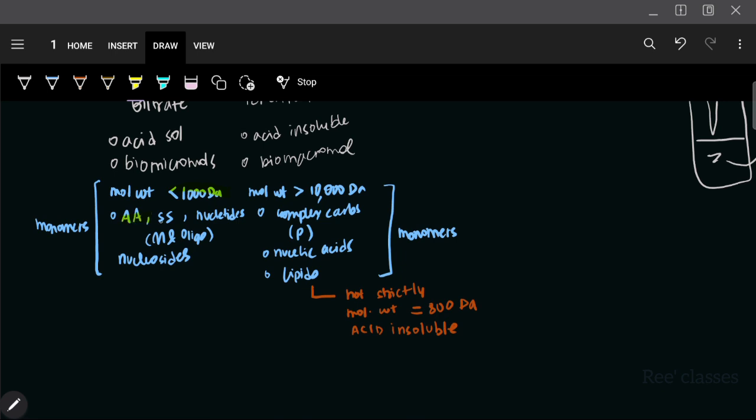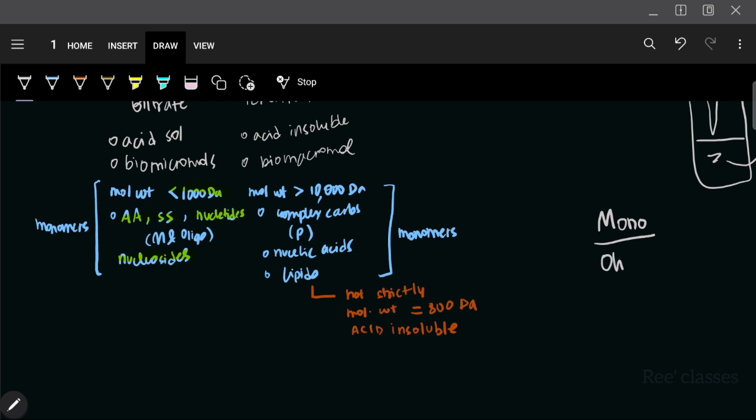Like amino acids, like nucleotides, nucleosides, and also simple sugars. Simple sugars are oligosaccharides or monosaccharides. So it's also important to note what is the difference between these terms we're using.